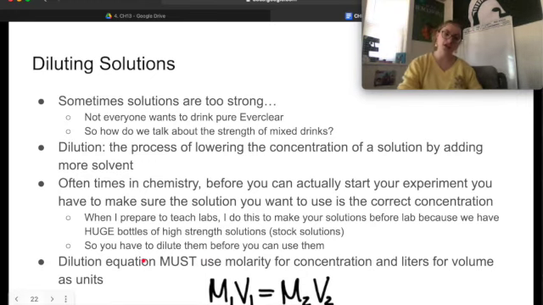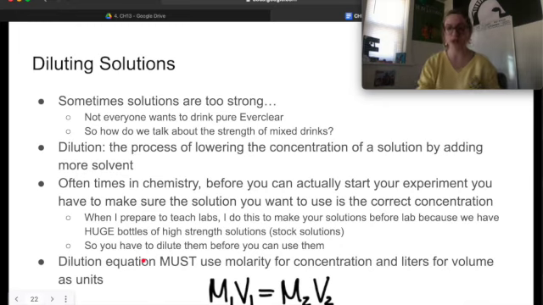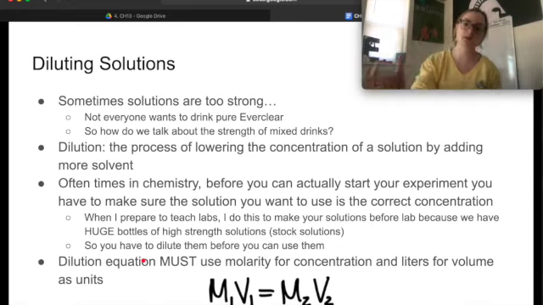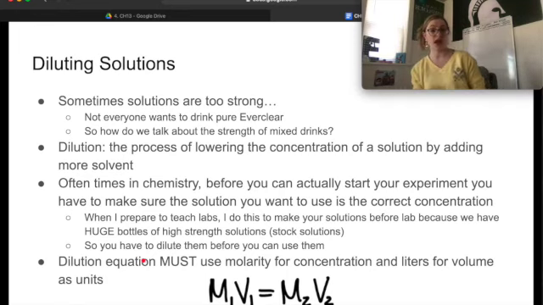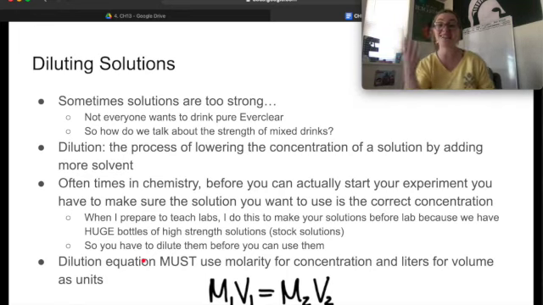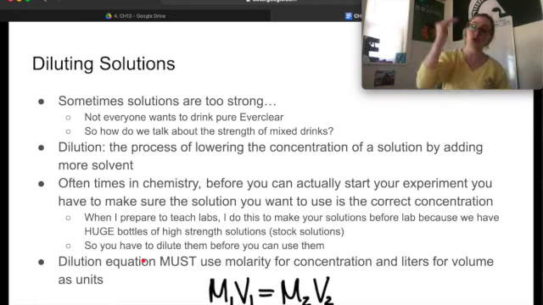As another reminder, you must use molarity for concentration and you must use liters for volume in this class. So we're going to do molarity times liters, and realistically we're doing that in the background because the molarity unit is moles per liter.